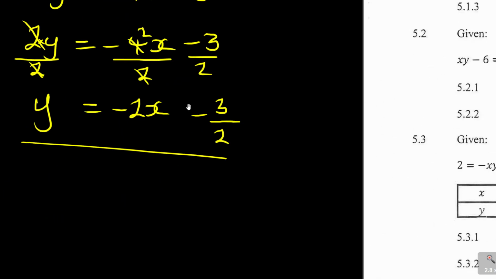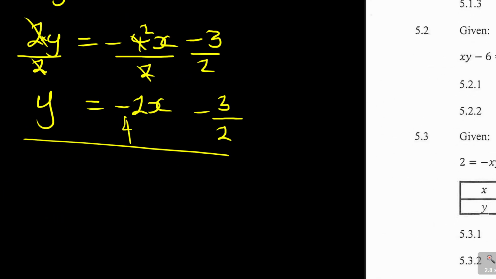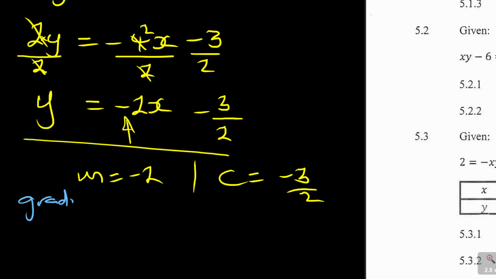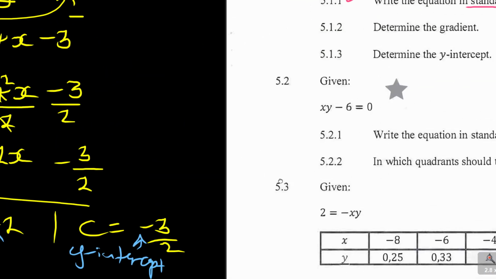So you come here and say there is m, gradient is negative 2, c is negative 3 over 2. So you can write now here: gradient equal to that, and y-intercept, you just state it equal to that. That's why it was not a problem.